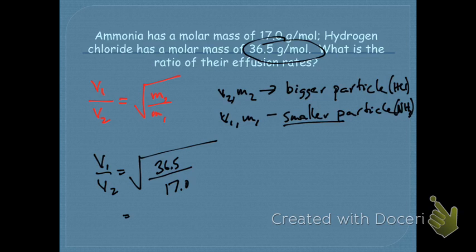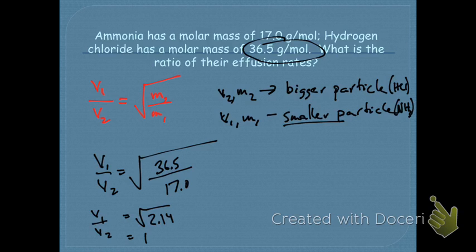So if you take 36.5 divided by 17, it is about 2.14. So the square root of 2.14 is V1 over V2.